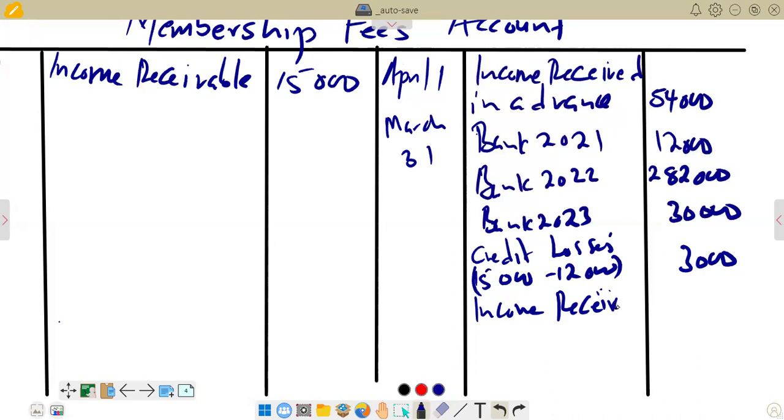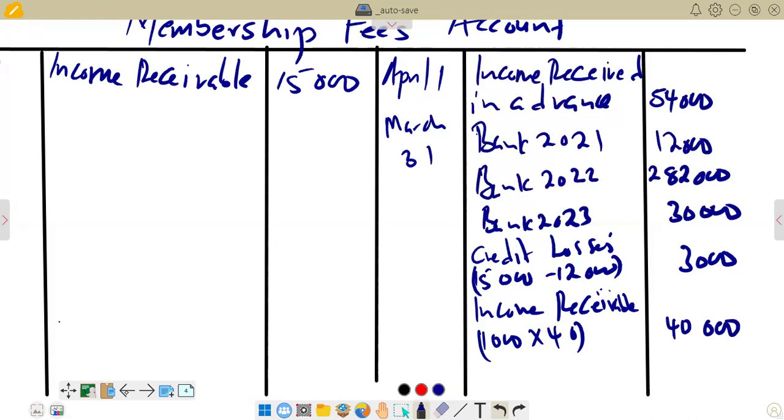If you multiply 1,000 by 40, the total that we are getting is 40,000. So this is what we have for the closing balance.